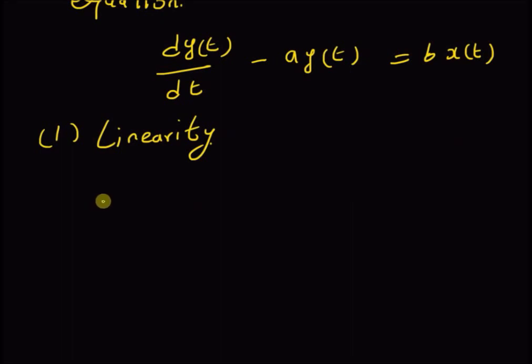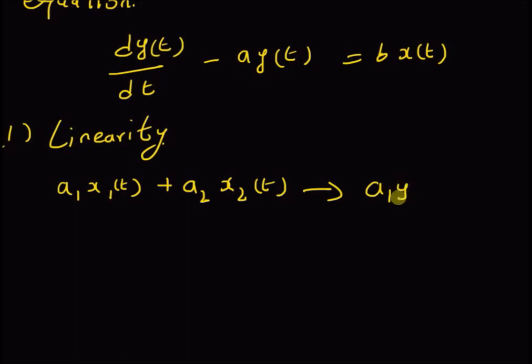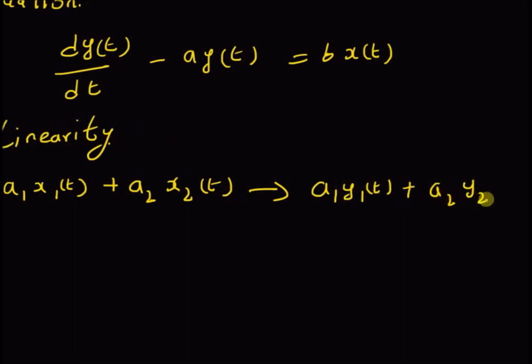For a given system, the linearity property can be defined as follows. The linear combination a1 times x1 of t plus a2 times x2 of t is given as input, and the corresponding output should be a1 times y1 of t plus a2 times y2 of t.